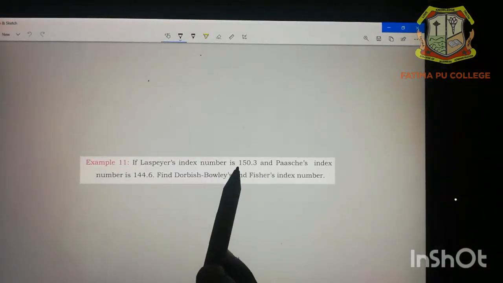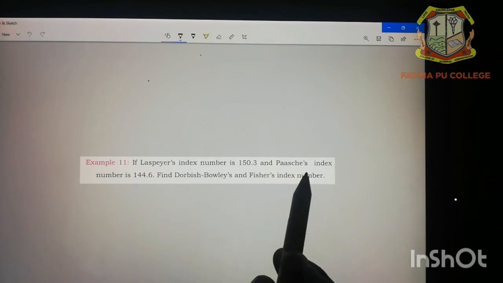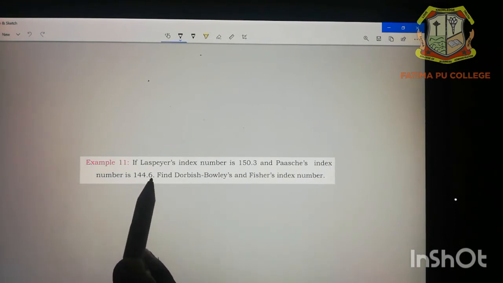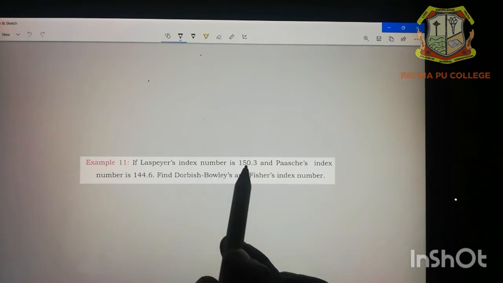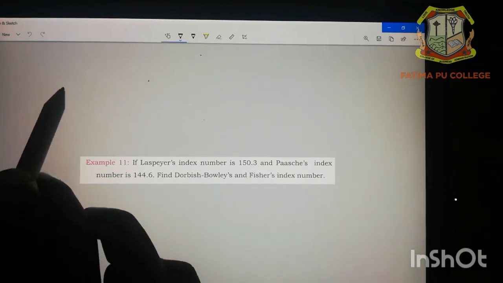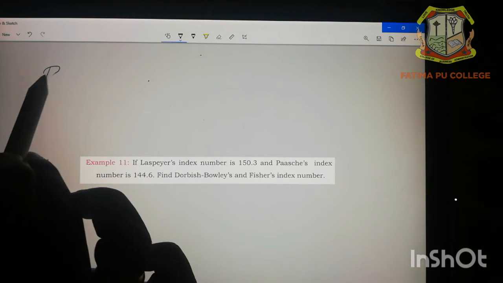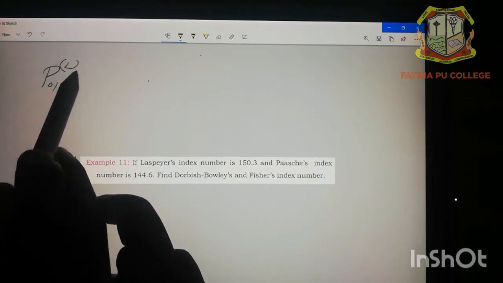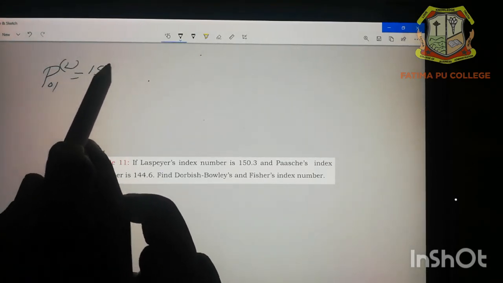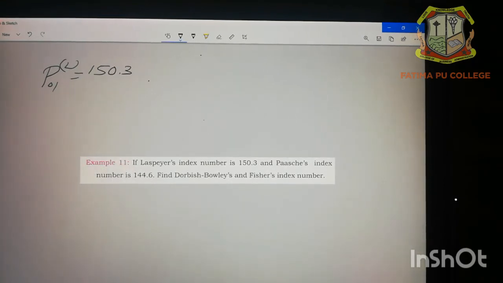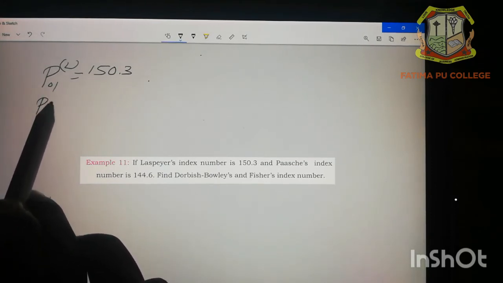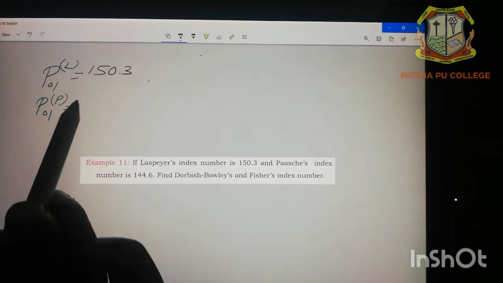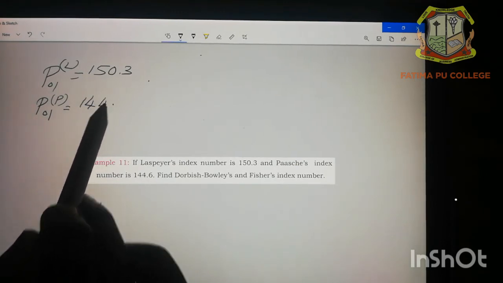If Laspeyres' index number is 150.3 and Paasche's index number is 144.6, find Drobisch-Bowley and Fisher's index number. They have given clearly, students, Laspeyres' index number, that is P01L, as 150.3. Then Paasche's index number, that is P01P, is given as 144.6.